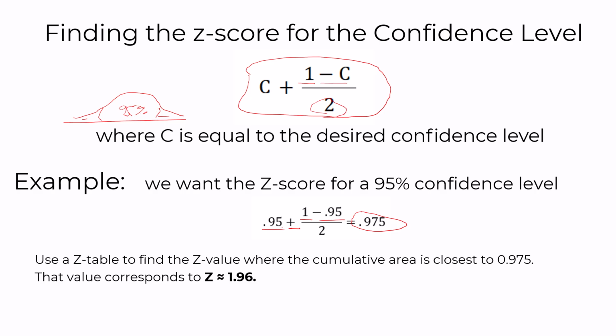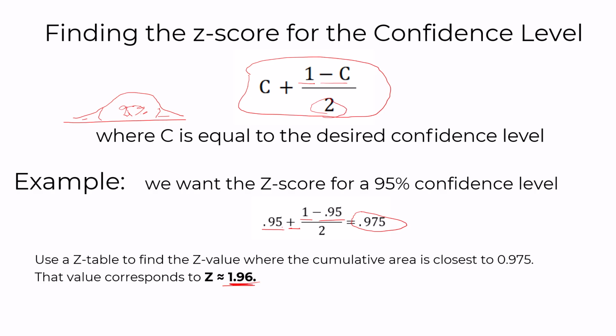So we use this value and look into our Z table, and we look for the closest cumulative area to the left for the Z value. So if we use the Z table, we see that it's actually 1.96. Okay, 1.96.